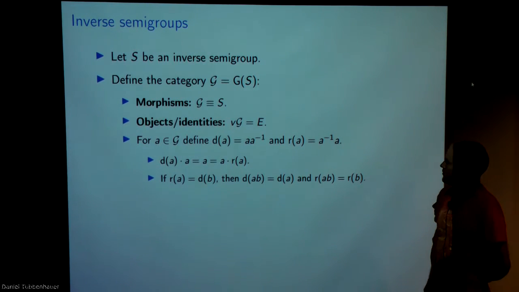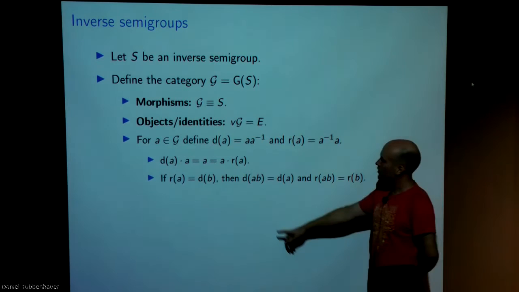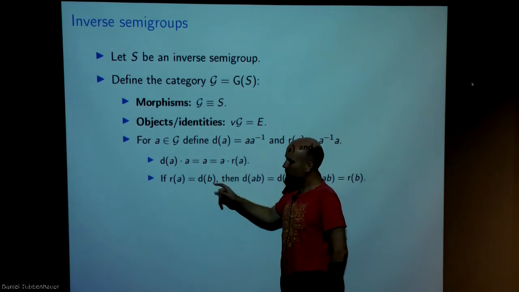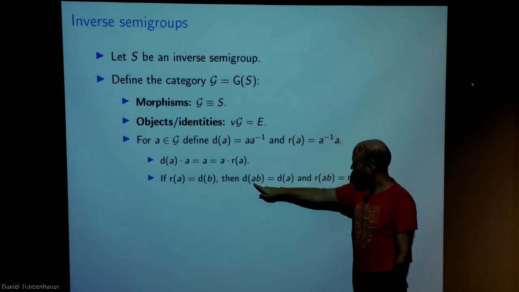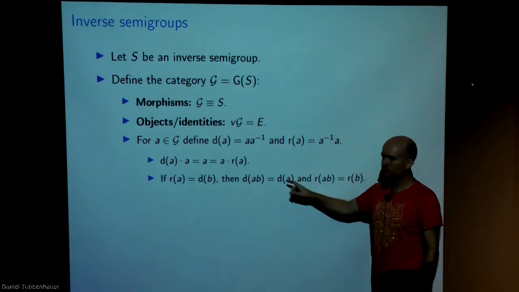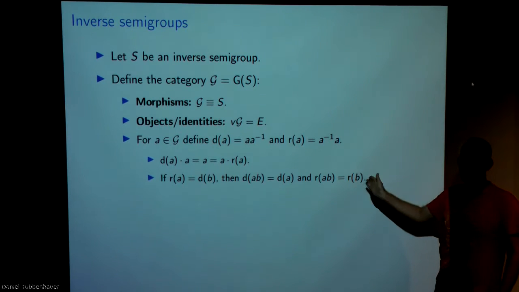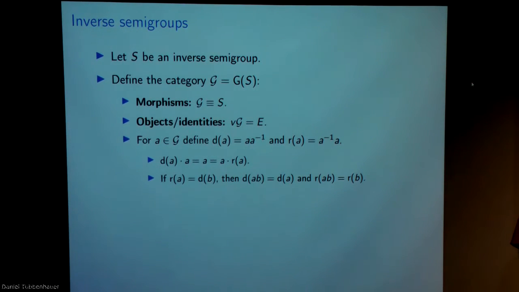And there's this very important property that if the range of A equals the domain of B, so if A and B kind of match up, then when you find their product, the domain will be the domain of the first, the range will be the range of the second. So this is the important property that lets us define a category.